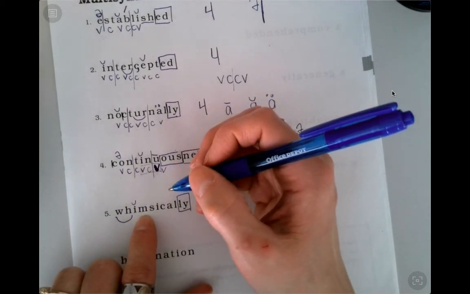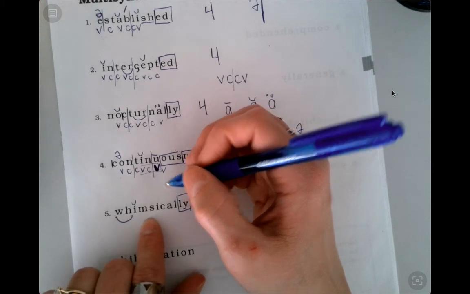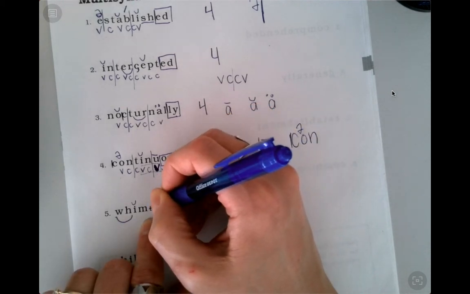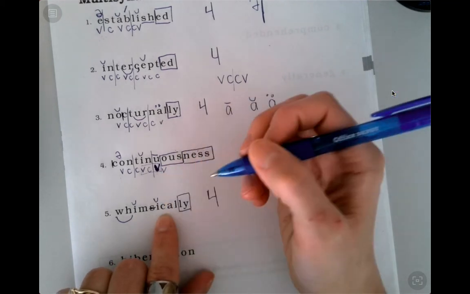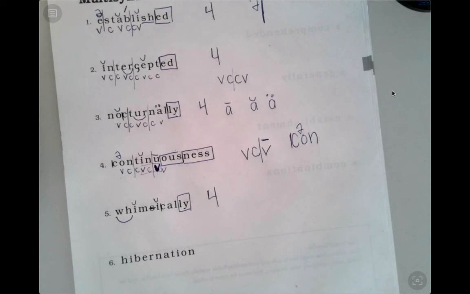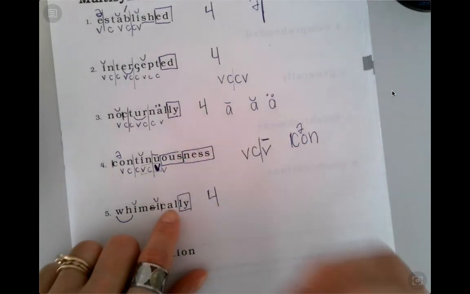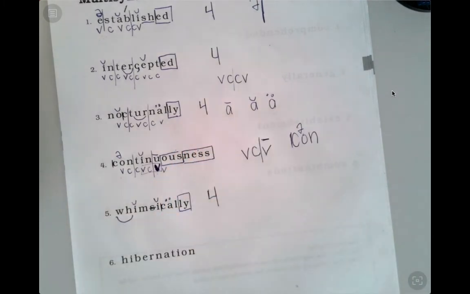Did you hear something there? Whims. Z sound. Whimsy. Okay, this one's so much. Aw. What's that? A. Aw, like a baby. 2 dots. Remember that one? Whimsical. Oh, whimsically.